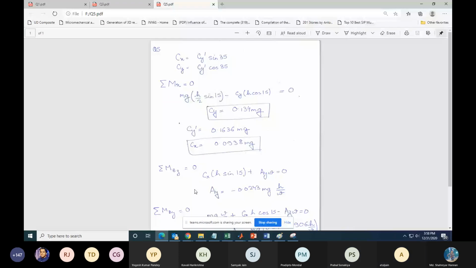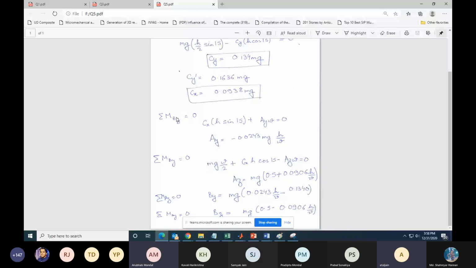Is the solution visible? Yes, sir. Sir, can you explain the second two moments that you have written? Which one? MBZ, MBY? Yes, sir. So what I have done is I have taken moment about point B along the Z axis, and moment about point B along the Y axis.